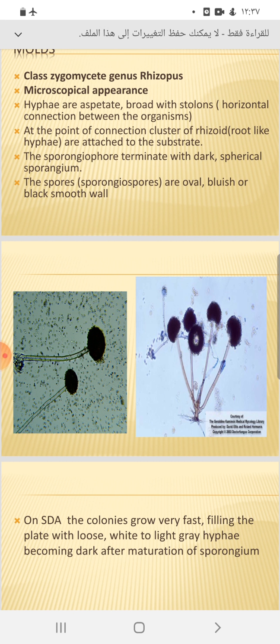The hyphae are aseptate and broad with stolons. The stolons are horizontal connections between the organisms. At the point of the connection, clusters of rhizoids, as you see in this picture, which are root-like hyphae, are attached to the substrate.